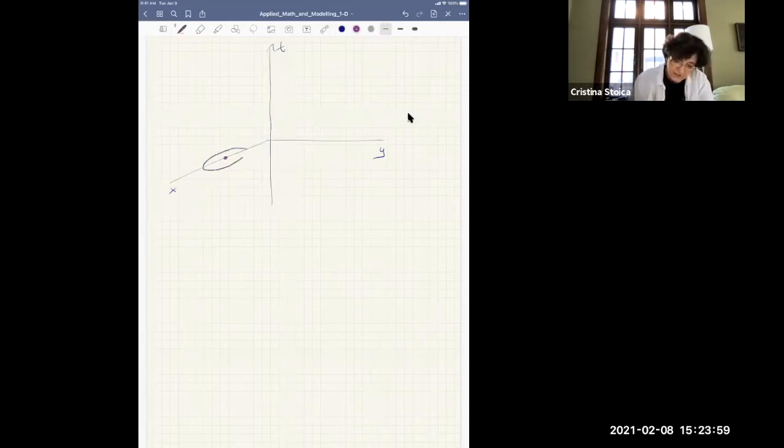And what is actually happening in 3D? This corresponds to a nice cylinder, and the trajectories in time evolve on this cylinder, something like that, right? That's what it is actually.